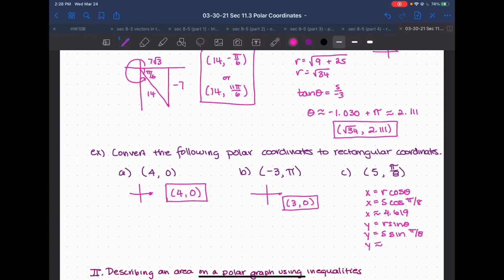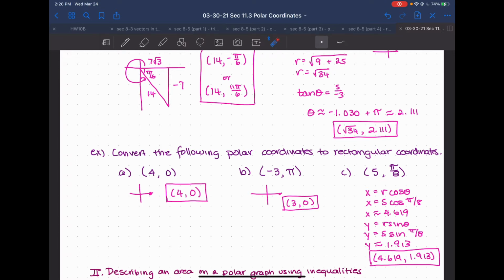Y is about 1.913. So the coordinates are 4.619, 1.913. And there you go. And these same formulas would have worked over here. It was just a lot easier not to use the formulas.